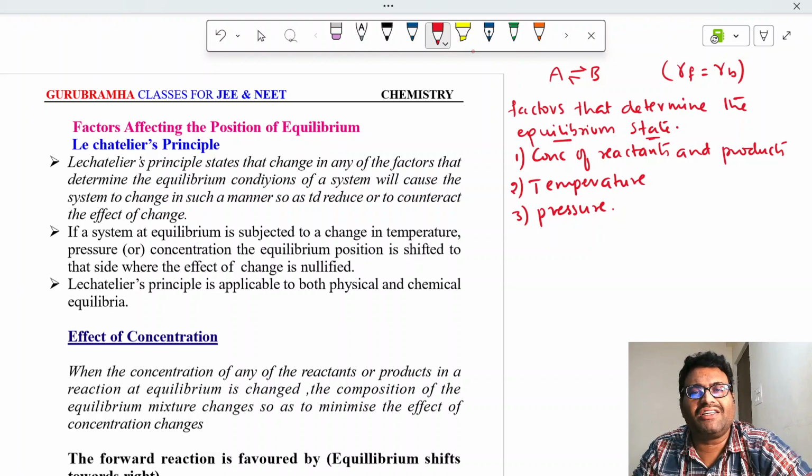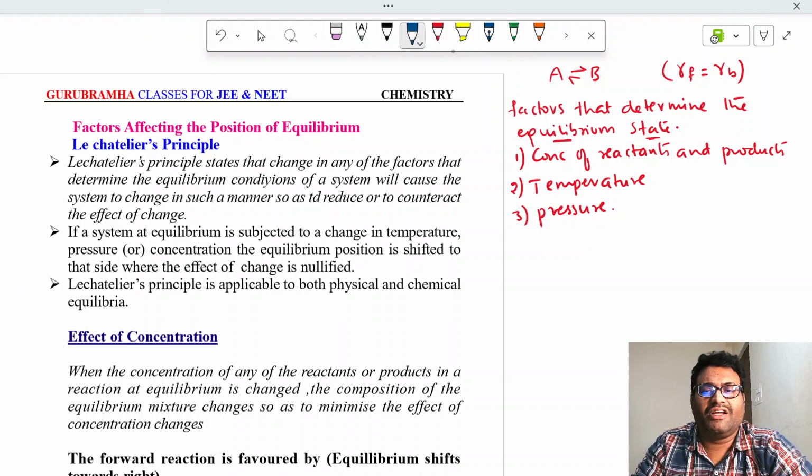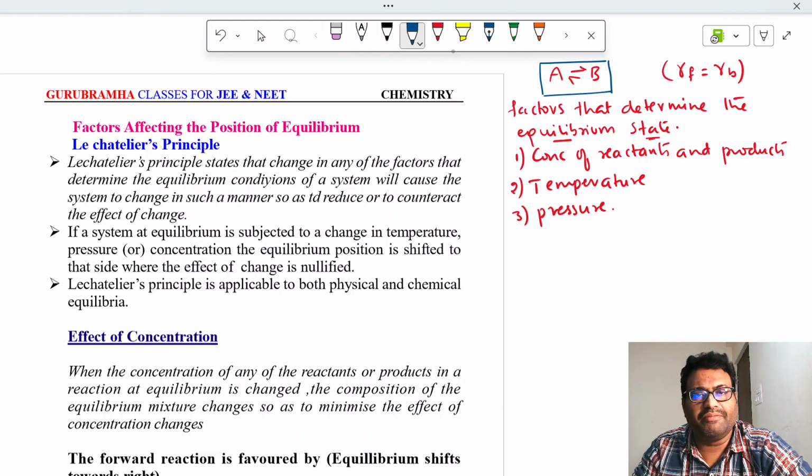Okay, if these factors are changed, now what is happening? Now this reversible reaction is in equilibrium. Now you are changing either the concentration of reactant or product, or temperature or pressure, any of the factors. If you are changing, then what happens?